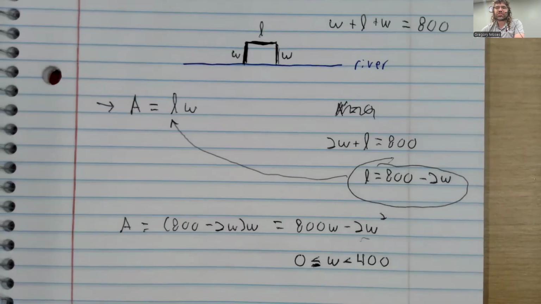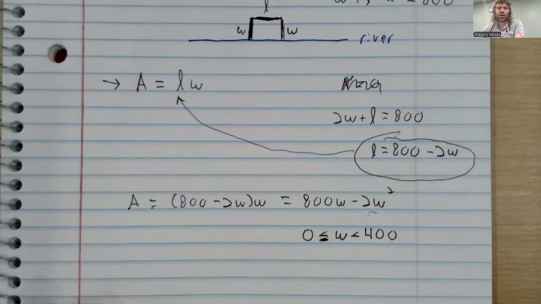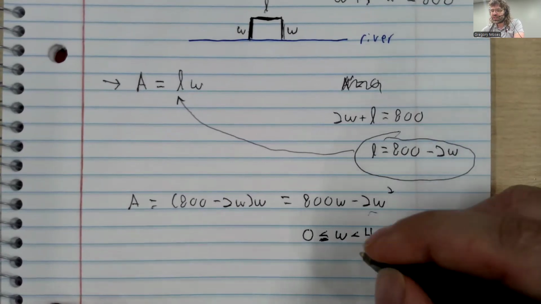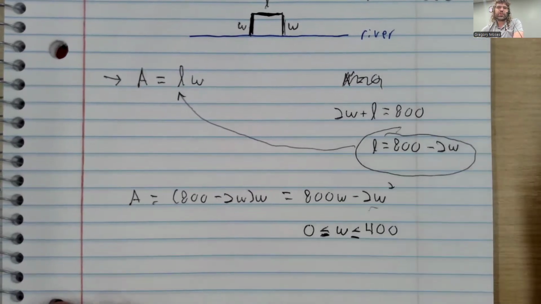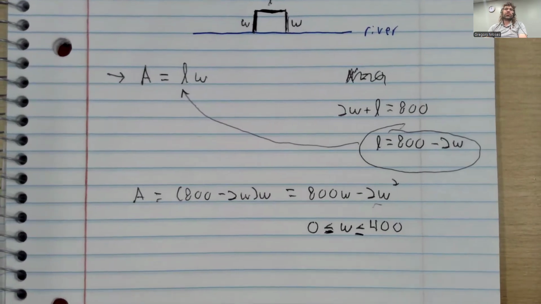So this is actually an example of what I'm talking about. Really, W is on an open interval. I'm going to pretend that W is on a closed interval so that our method works.